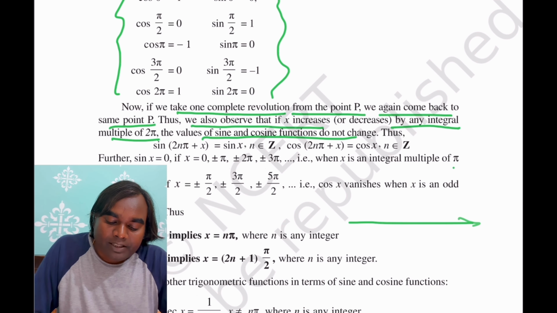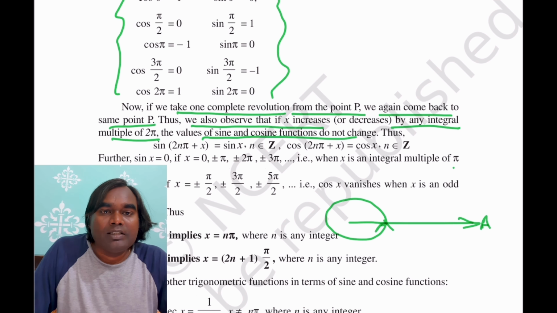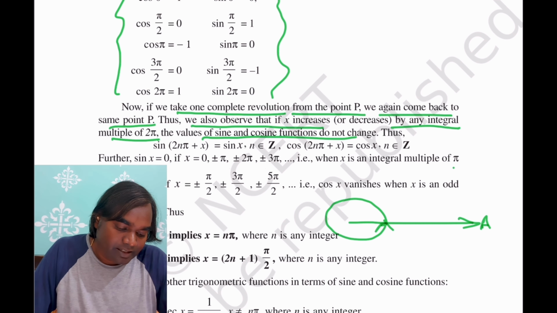So after one complete revolution, the value for sine, cosine doesn't change. That means sin(2n pi plus x) is equal to sin x for n belonging to Z, integer, and cos(2n pi plus x) is equal to cos x for n belonging to Z.